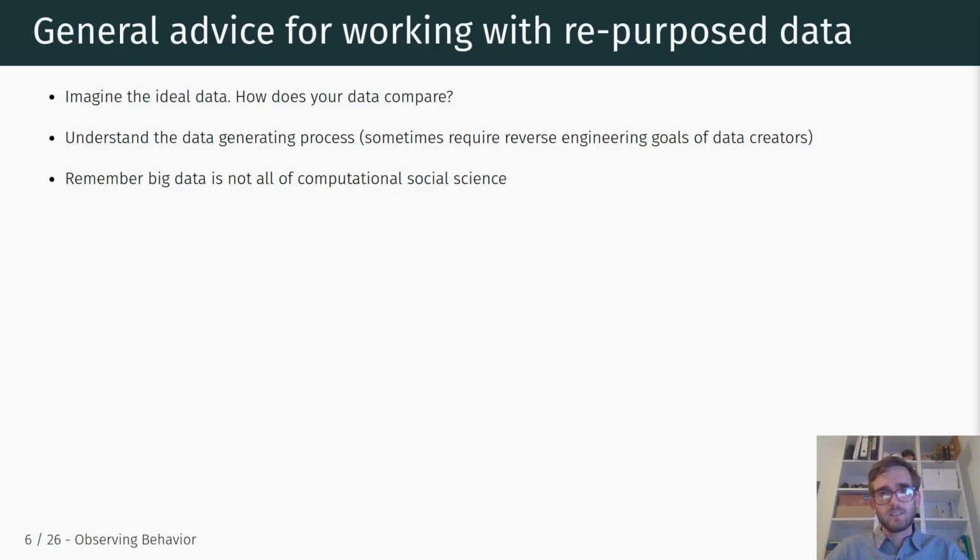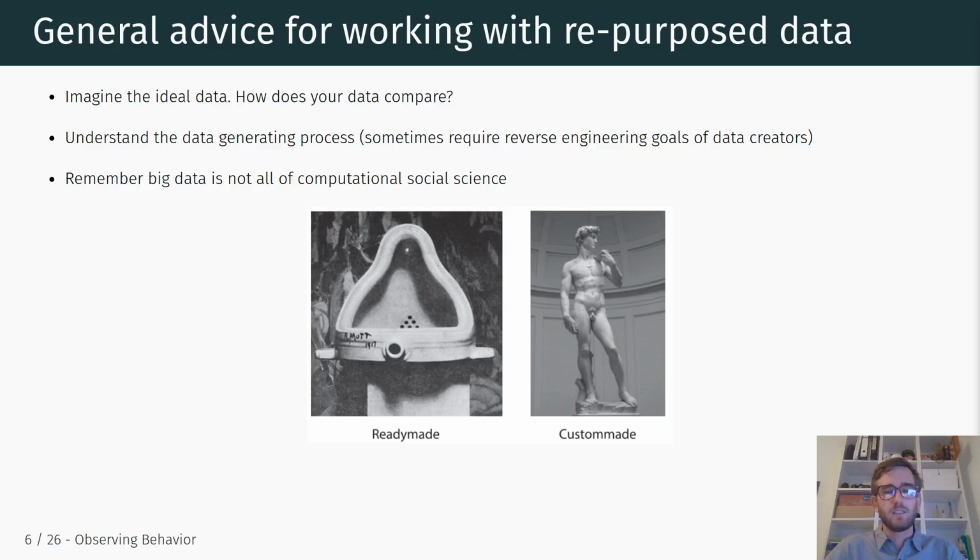And lastly, since the available data that you might find is oftentimes not sufficient or maybe not directly applicable to answer your research question, another important thing to remember is that big data is not all of computational social science, right? One thing that we emphasized before is that computational social science always involves this combination of ready-mades and custom-mades, right?